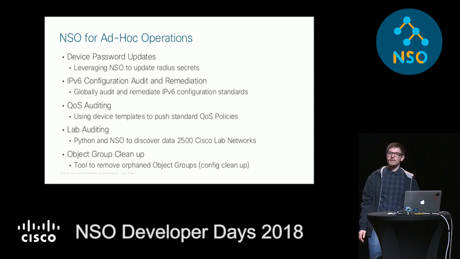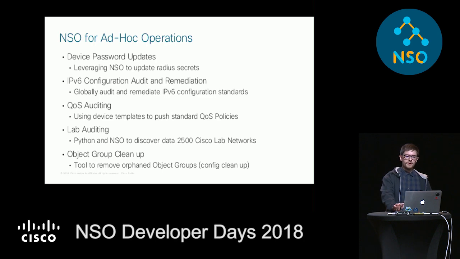QoS auditing. We use QoS throughout the infrastructure. We have pretty much everything you could ever imagine running across our circuits globally. To keep this in check, we're continuously making sure that QoS is established and within standard, so that this doesn't become an issue. Lab auditing.